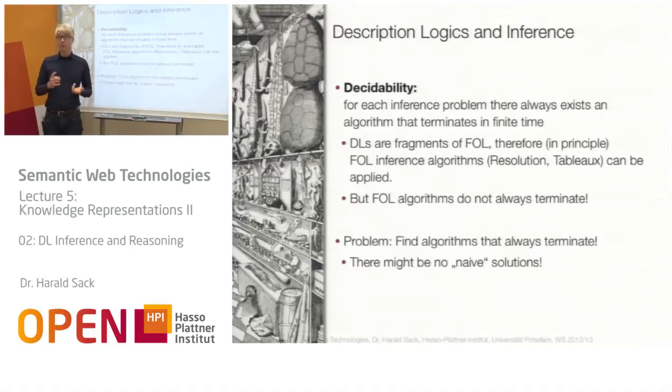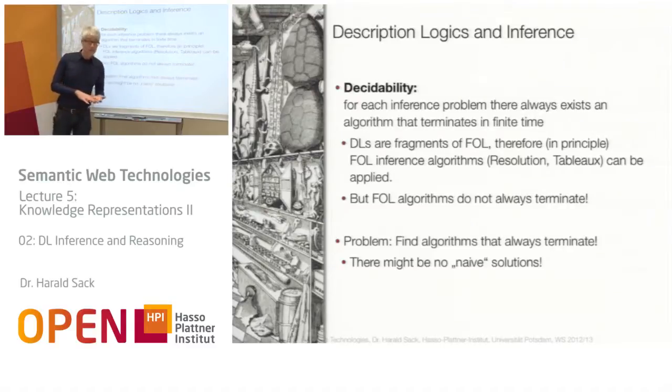We can apply resolution, we can apply the Tableau algorithm, but the problem is if we apply the algorithms from first-order logic on description logics, then possibly they do not always terminate, because we know that first-order logic is only semi-decidable, because there some algorithms might not terminate, and we do not know if they terminate.